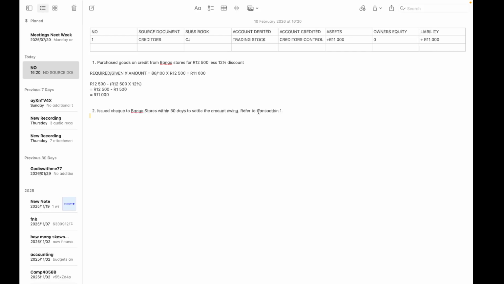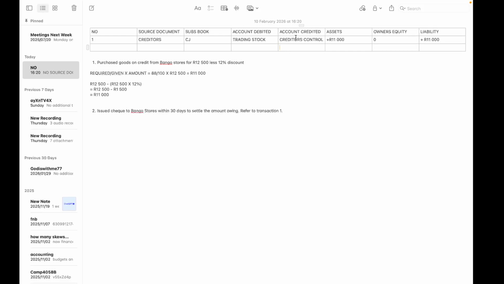now that we are paying, what's going to be affected? When you pay someone, usually money is coming out of your bank account, meaning that your account credited is going to be bank because you have less money.